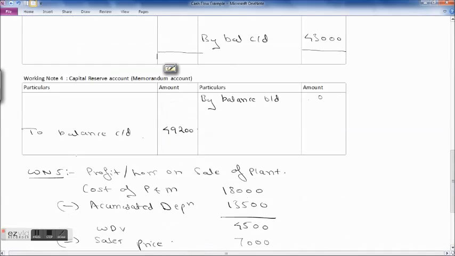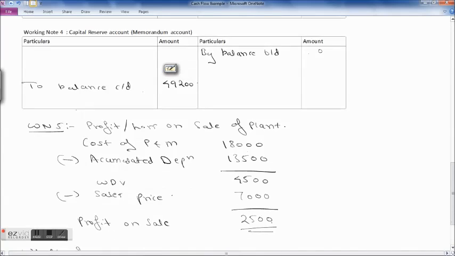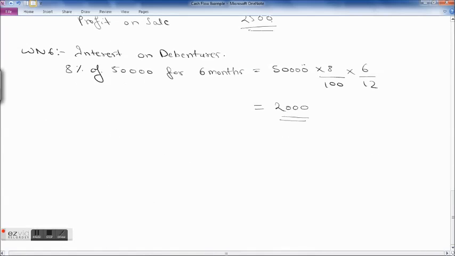So what all is included in the capital reserve is, one is the revaluation. The capital reserve, working note number 7, capital reserve. So what is the balance in the capital reserve? 49,200. So what is included in this?